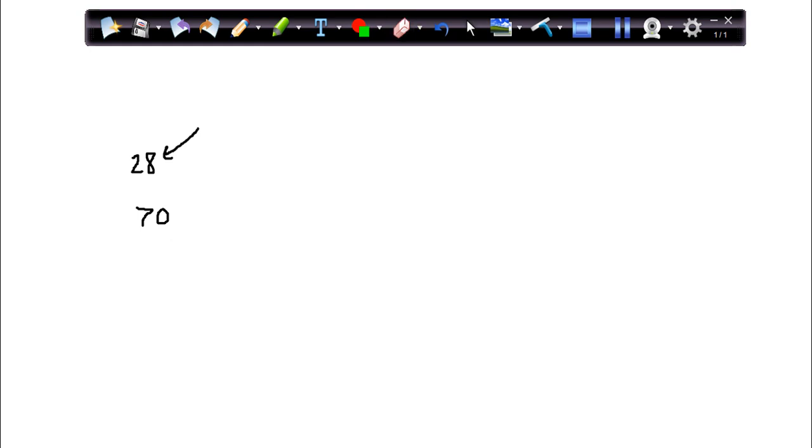So you could say 28 is blank percent of what? Of 70. You can put this in percent formula.